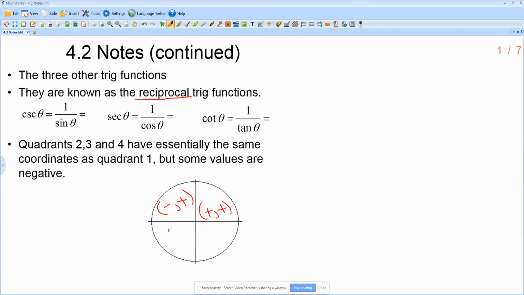In quadrant 3, both of these would be negative. And in quadrant 4, I would have a positive x value, but a negative y value. And that's going to happen with all of our coordinates. The coordinates, like the actual numbers, are going to stay the same, but they're going to change signs.